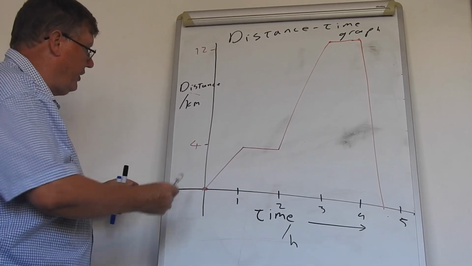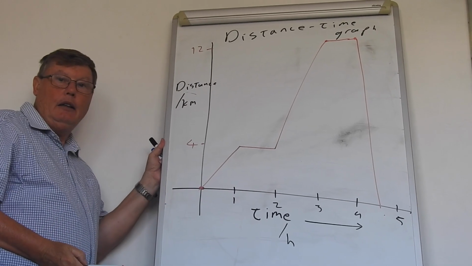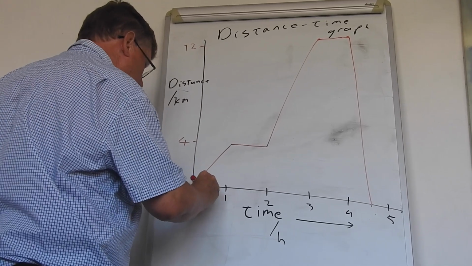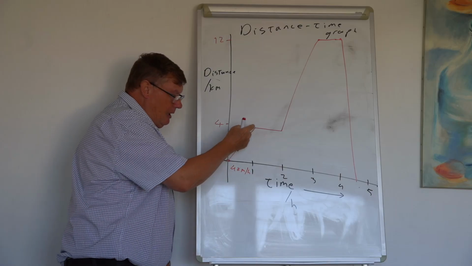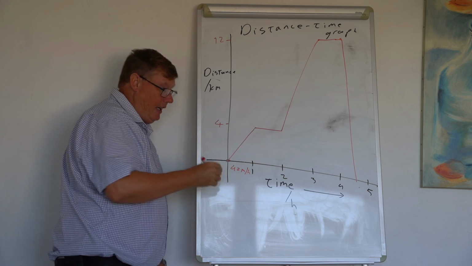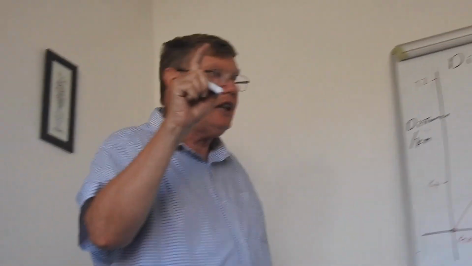Because he travelled 4 kilometers in 1 hour, I know that during this time period he must have been travelling at 4 kilometers per hour. The fact that it's fairly steep tells me he's moving, and the fact that it's a completely straight line, here's the important thing, tells me that the speed is constant.